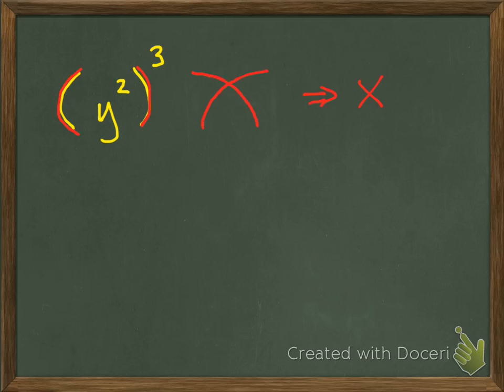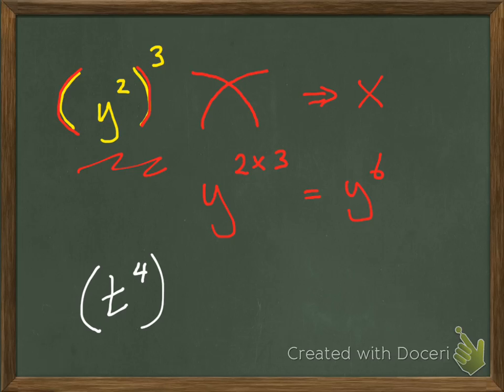Again, it only happens to the powers, so this becomes y to the 2 times 3, which equals y to the 6. Let me give you another example. If I have t to the 4 raised to the power of 5, then that would be t to the 4 times 5, which equals t to the 20, and that's the power of a power, or raised powers.